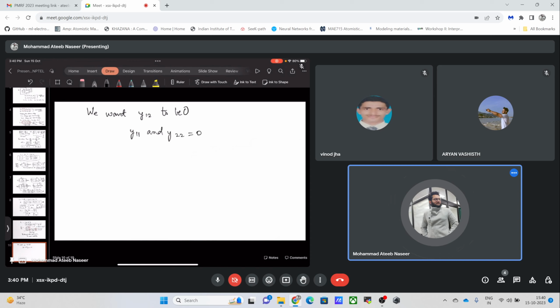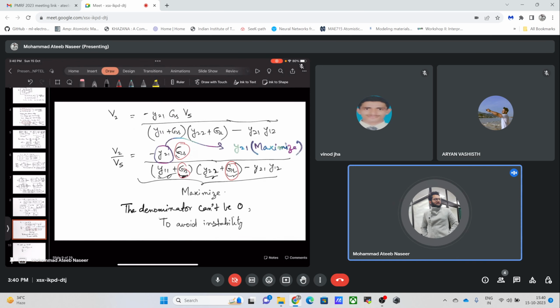So if these are all equal to 0, what would we get? We would get v2 by vs, this is 0, this is 0, this is 0.